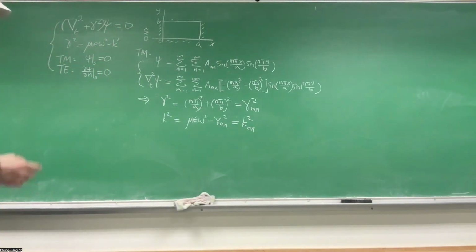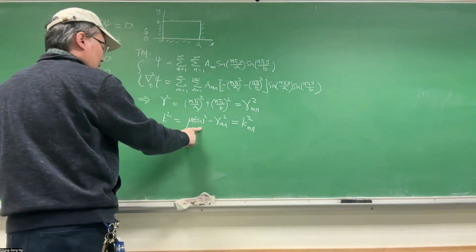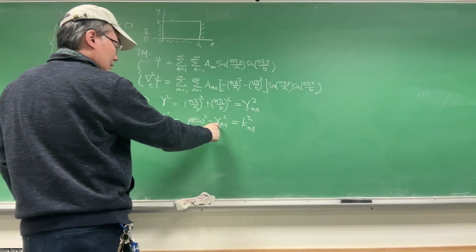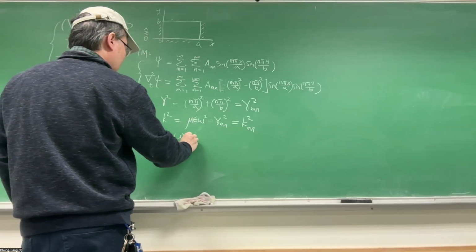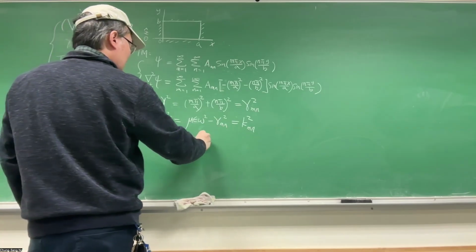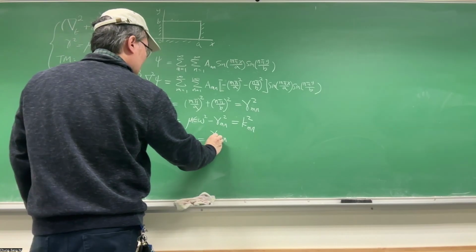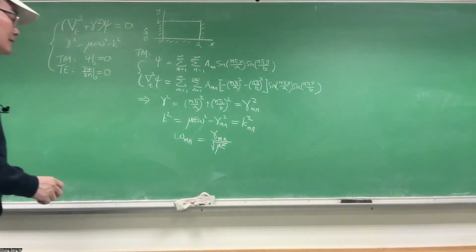Okay, and also the cutoff is when omega is less than a certain value, then we cannot have this mode, this mn mode. The cutoff is now omega mn. Omega mn is when this is 0. That is gamma mn divided by the square root of mu epsilon.